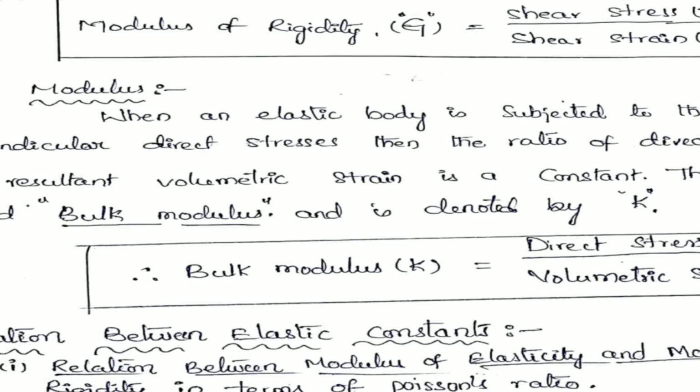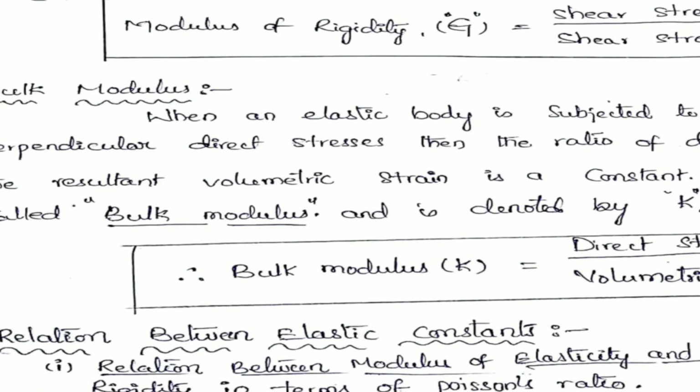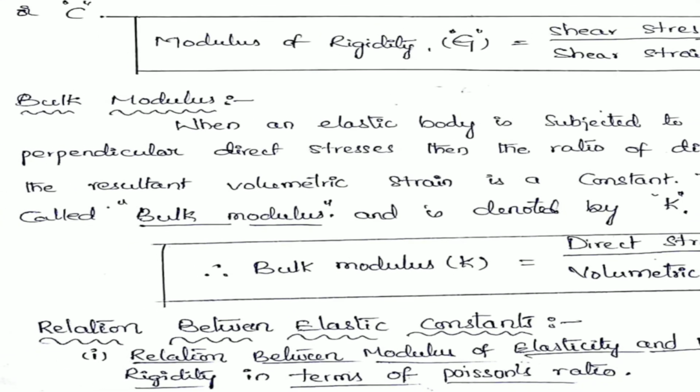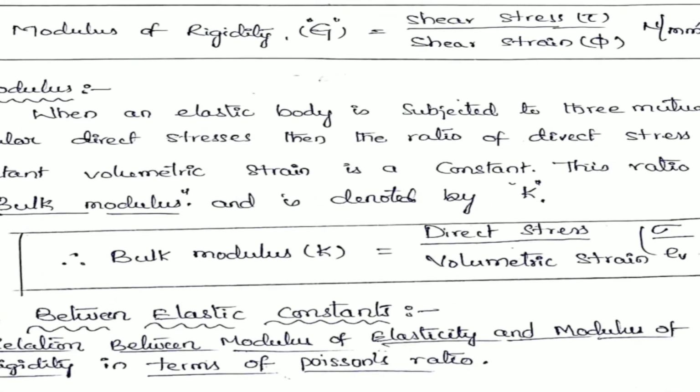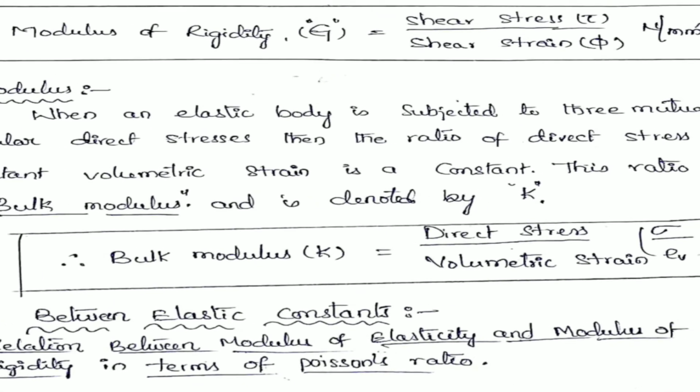This ratio is called the bulk modulus. The bulk modulus is denoted by capital K. Finally, the formula: bulk modulus K is equal to direct stress by volumetric strain. Direct stress is denoted by sigma, volumetric strain is denoted by e suffix v.